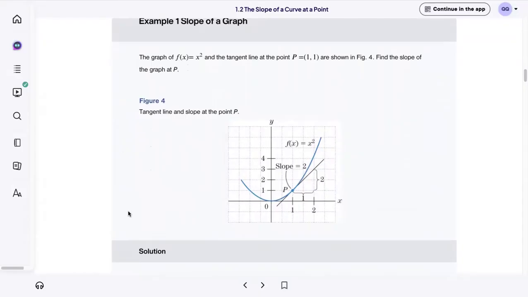So let's see this example. Given this function, a quadratic function, x squared, right? We're given a point, 1, 1, right here. And we want to find the slope of the tangent line.